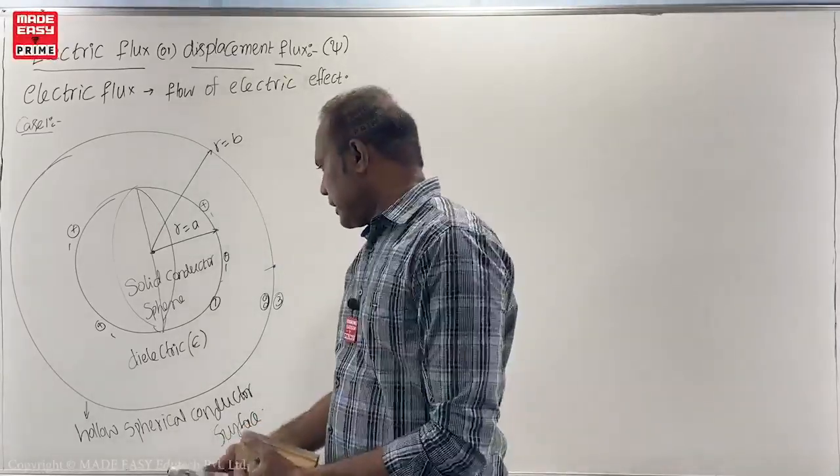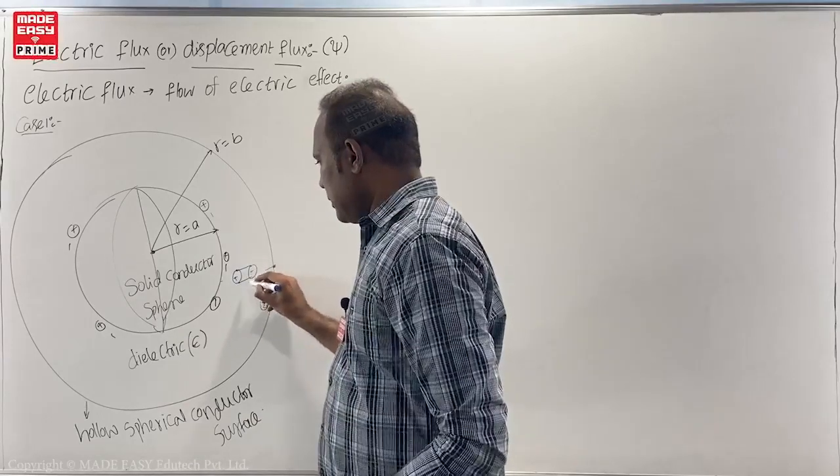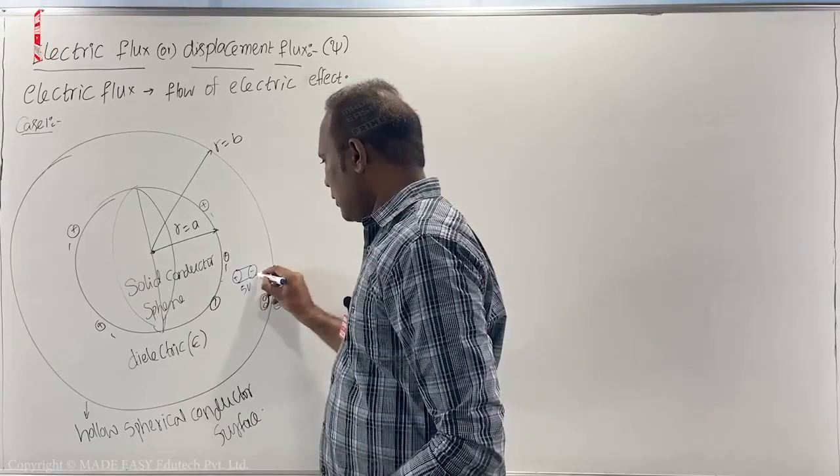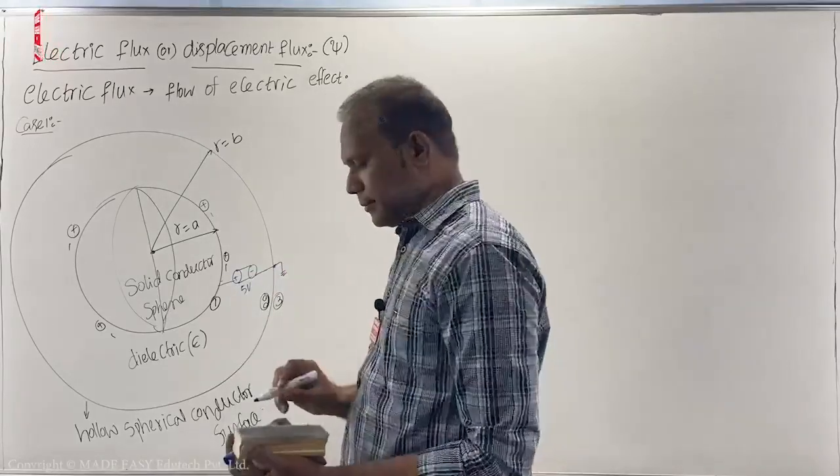Now, if I connect the battery here, 5 volt or 10 volt, whatever it might be, one terminal is grounded here.